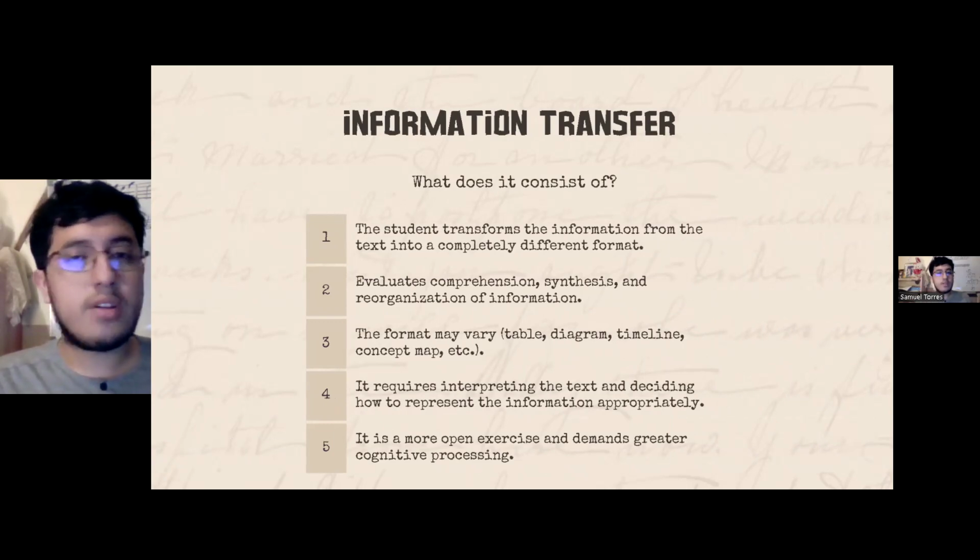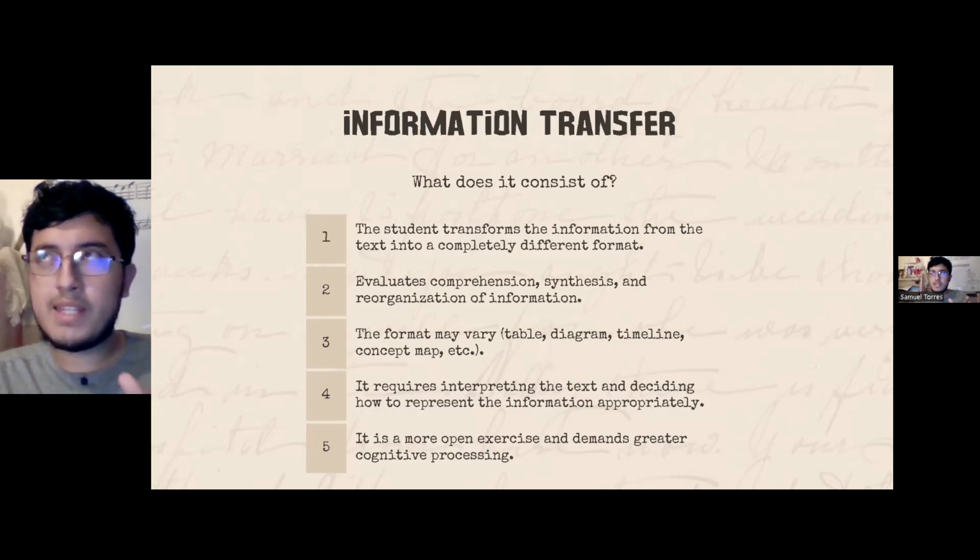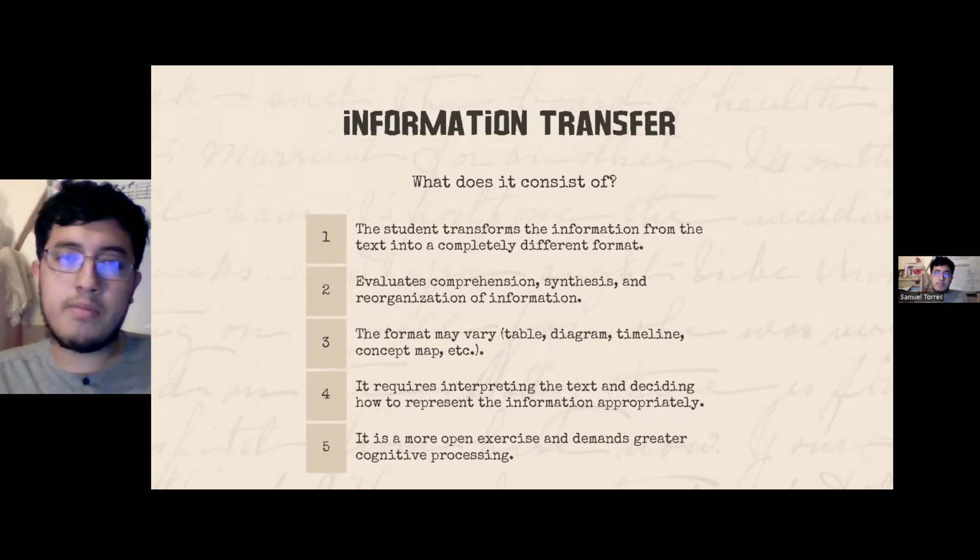After reading and understanding well what he read, the student chooses a form to transform what he read in paragraphs, a whole text, into a presentation. Maybe it could be a table, a diagram, a timeline, a concept map, whatever of these.